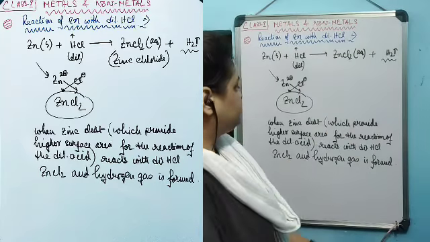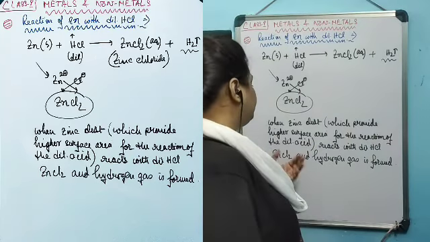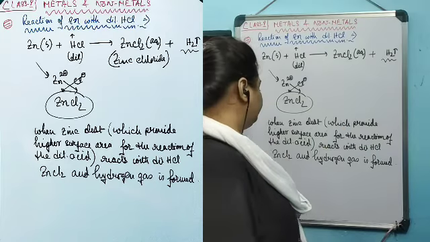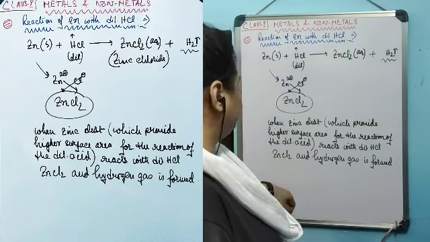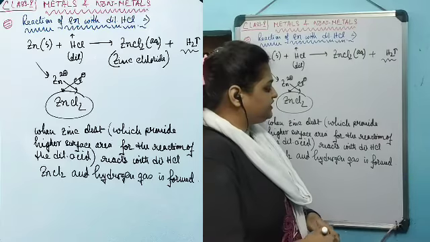When zinc dust, which provides higher surface area for the reaction of the dilute acid, reacts with dilute HCl, it gives ZnCl2, zinc chloride, and hydrogen gas is formed.